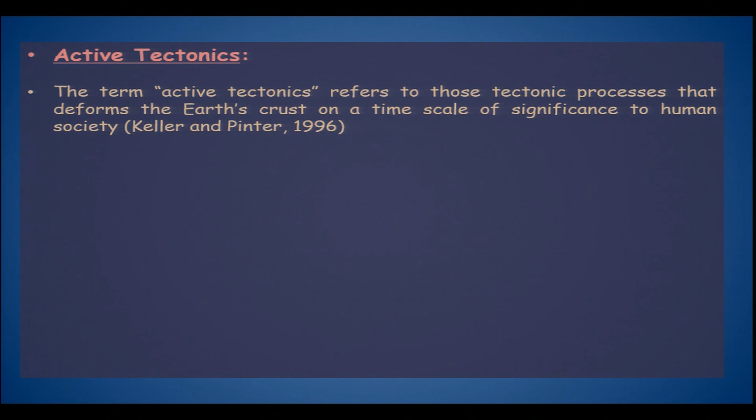Active tectonics, further. The term active tectonics refers to those tectonic processes that deform the earth's crust on a time scale of significance to human society.